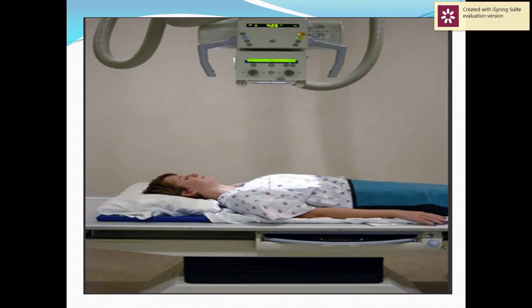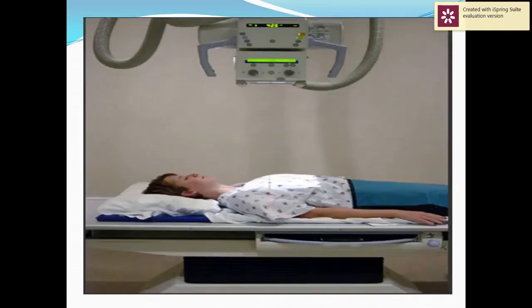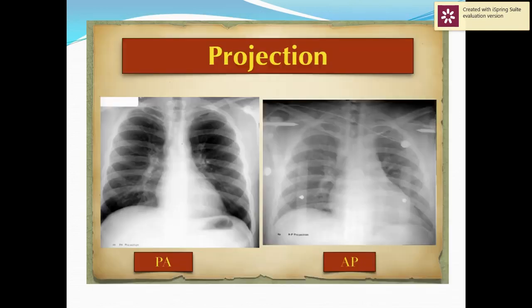an anterior posterior view. The AP view is usually for patients in intensive care, or elderly and mobile patients, and the distance between the cassette and the chest X-ray tube is almost here 40 inches. So the projection here is different between the PA view, the one on the left, and the AP view.